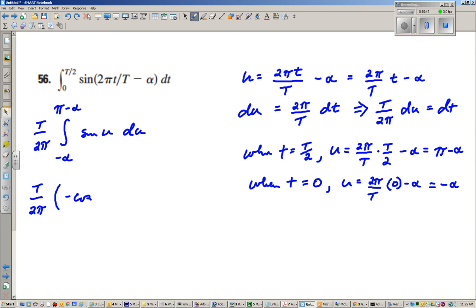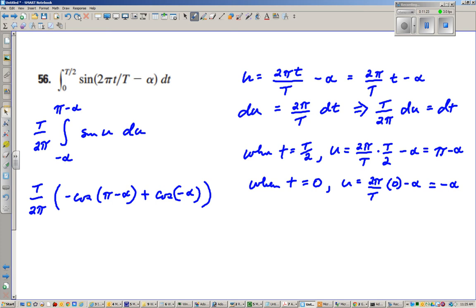And now the antiderivative of sine of u is negative cosine of u. But I'm going to go right ahead and put in my upper limit, which is pi minus alpha. And then I'm going to have minus, and won't it be minus a minus, because we're talking about negative cosine, so minus a negative cosine will be plus a cosine of my lower limit, which is negative alpha.